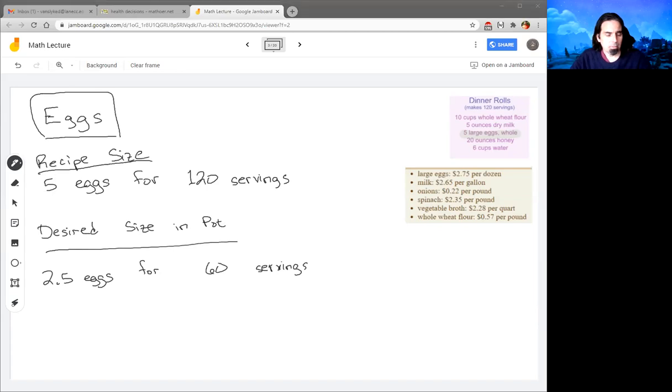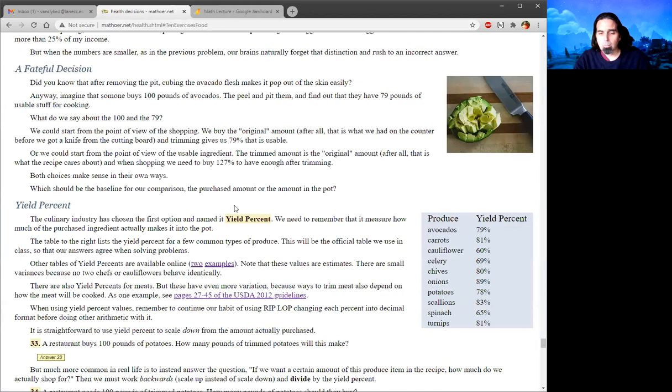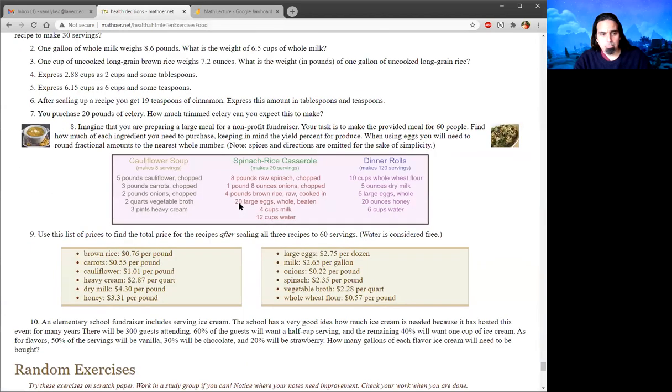Now, that seems wrong. Is it really only 5 eggs? I forgot. We also need 20 eggs.